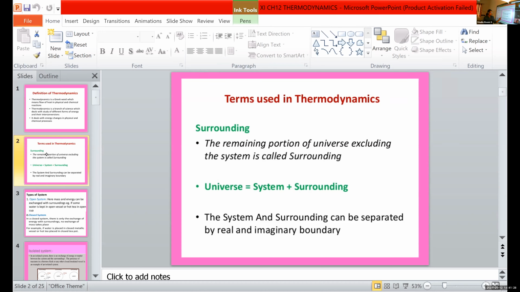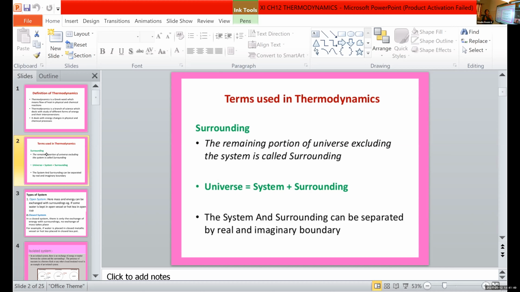The system and surrounding can be separated by a real or imaginary boundary. In order to understand better, we separate the system, me, from the surrounding with an imaginary boundary.